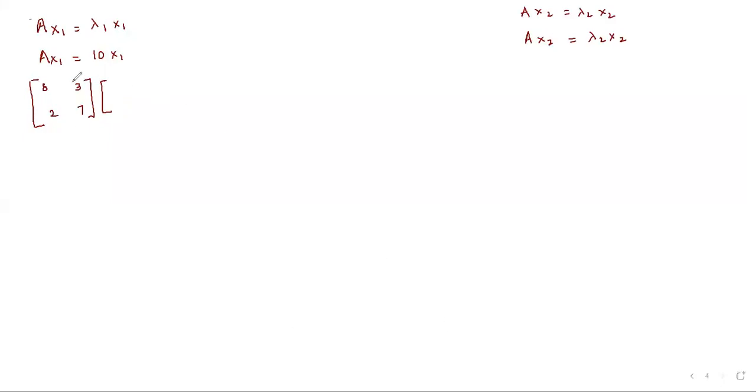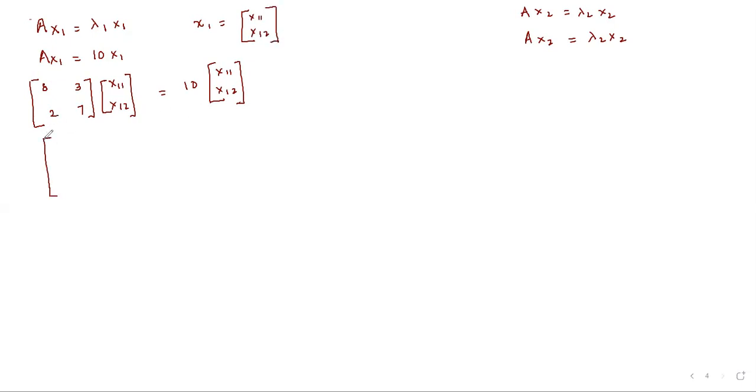That means x1 has components x11 and x12, and this equals 10 times x11, x12.